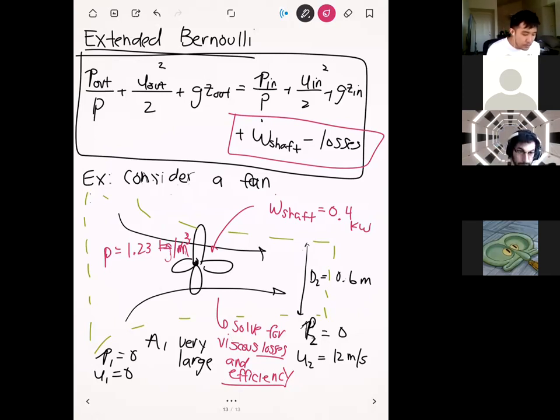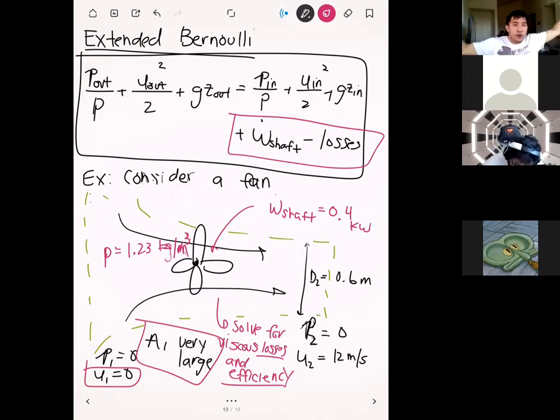All right, so the reason I gave you this example is because it's a very unique situation. It's unique in the fact that we have 0 velocity at the inlet, and our inlet area is also very, very large. With a very large area and no velocity, it's actually really hard to apply our RTT.